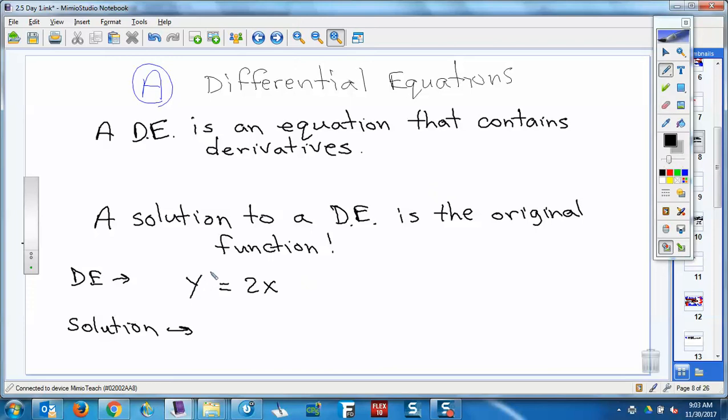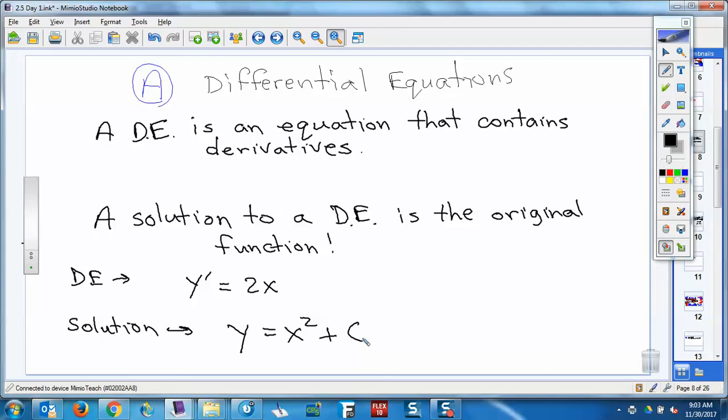Let's use y. So if our differential equation is y prime equals 2x, then what is my solution? y equals x squared plus c.